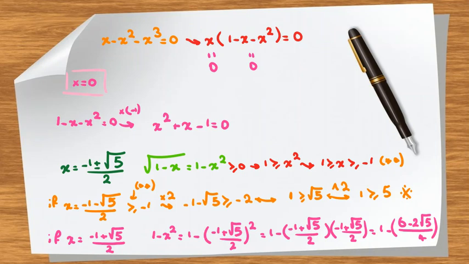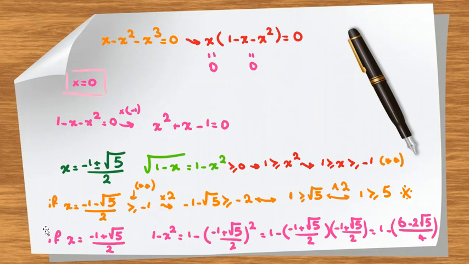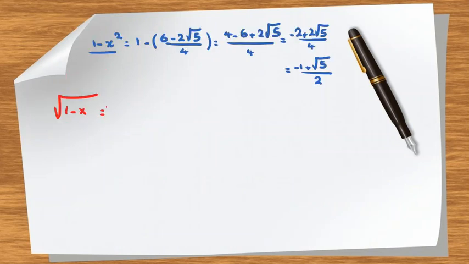Now we should calculate square root of 1 minus x. So let's calculate square root of 1 minus x. We are considering this case, that x is negative 1 plus root 5 over 2.